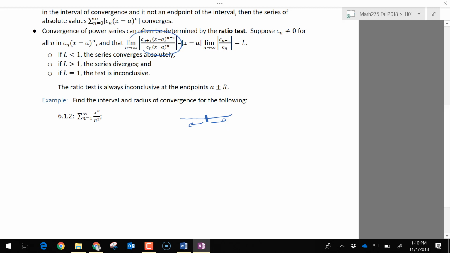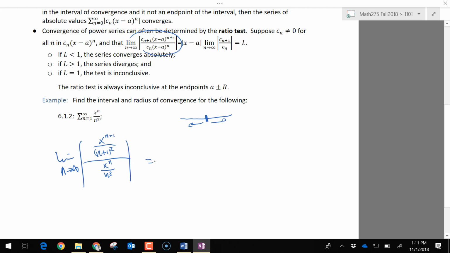According to the ratio test, we're going to take the n plus first term, x to the n plus 1, divided by n plus 1 quantity squared. That's the term that we're going to put on the numerator, and then we'll take the nth term in the denominator, and then we want to take the limit as n approaches infinity of this thing, technically with the absolute value.